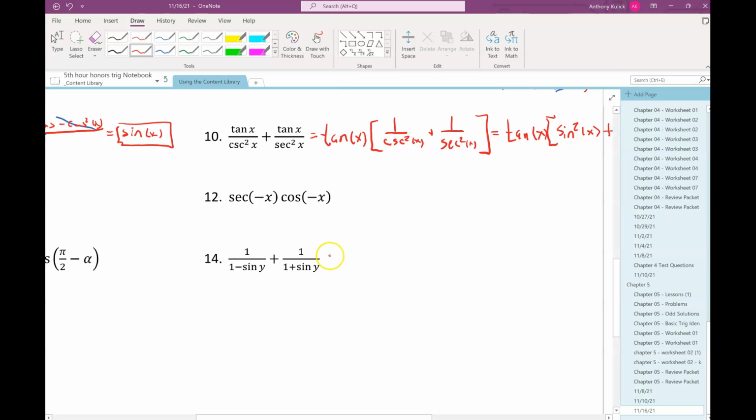So I'll multiply the first fraction by 1 plus sine y, and I'll multiply the second fraction by 1 minus sine y. So the denominator then I'll have 1 minus sine y times 1 plus sine y.